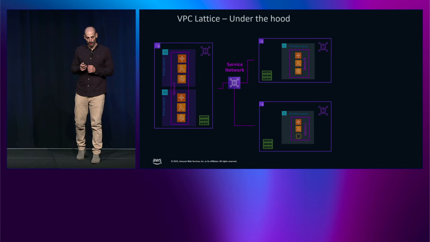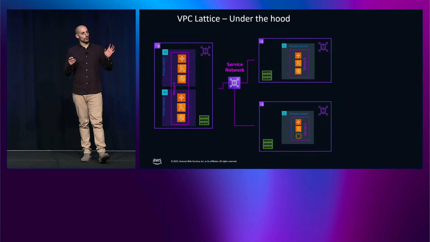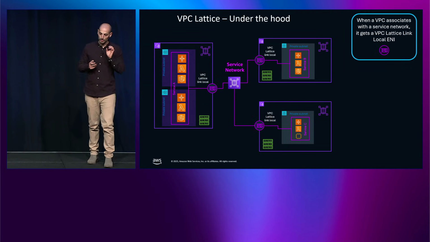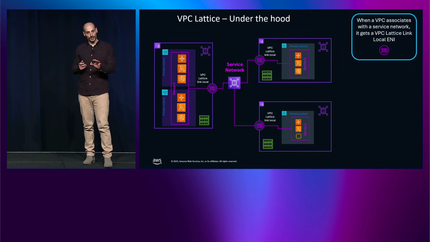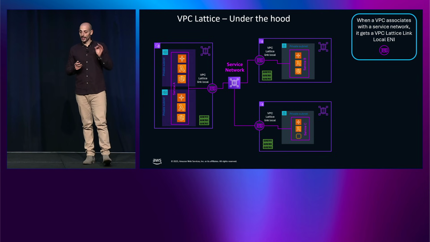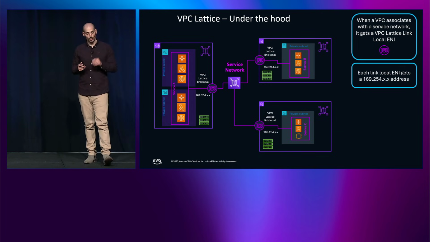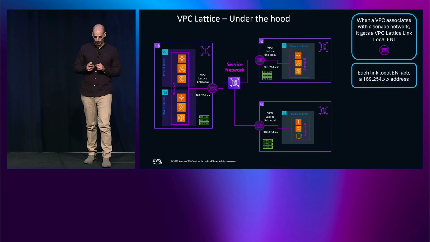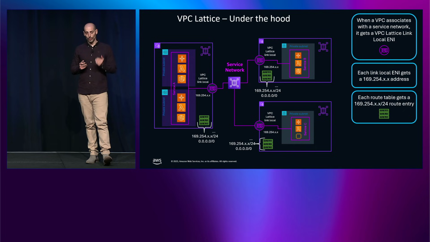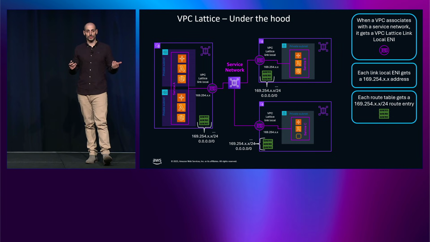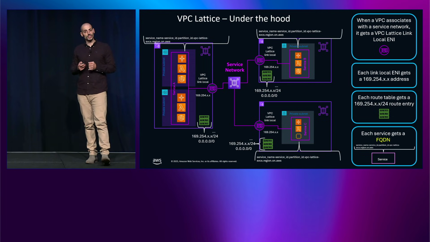So when you have your service network, once you attach your VPC to that service network, it gets a VPC Lattice link-local ENI. And that ENI gets an IP from the 169.254 address range, which is the link-local address range. Once this is done, the route table also gets an entry with that IP address pointing to Lattice. And then the final step is you create a service, you expose it, and you use a DNS name.